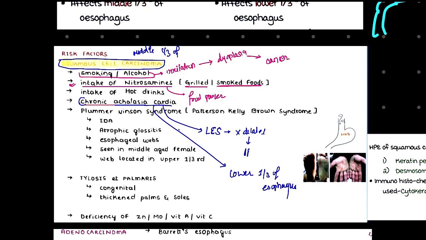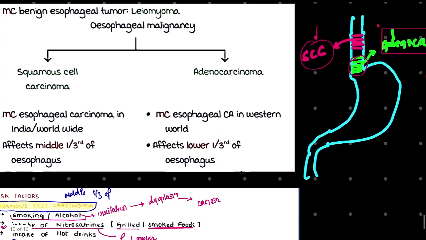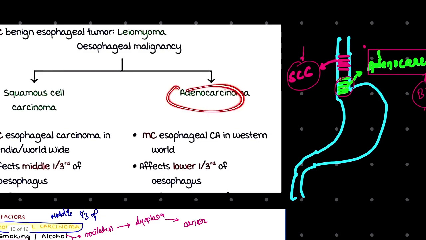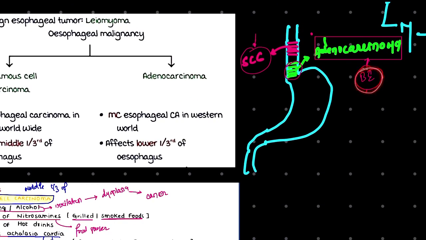Whenever there will be a question like this: lower esophageal cancer which is adenocarcinoma, it is due to Barrett esophagus.